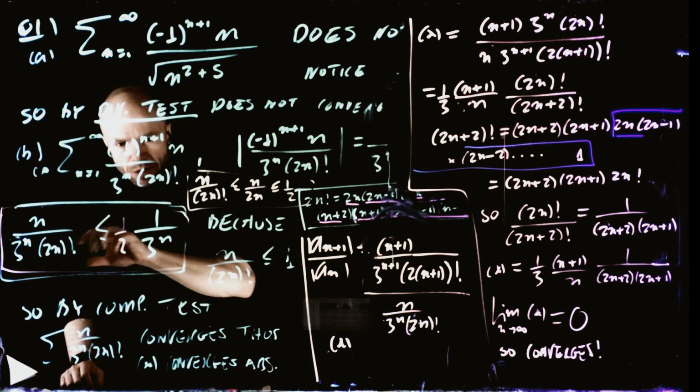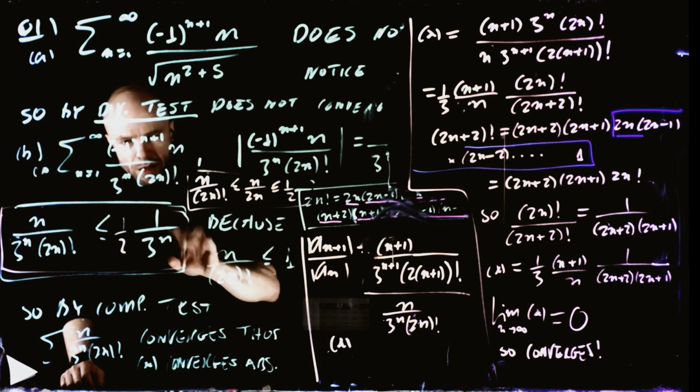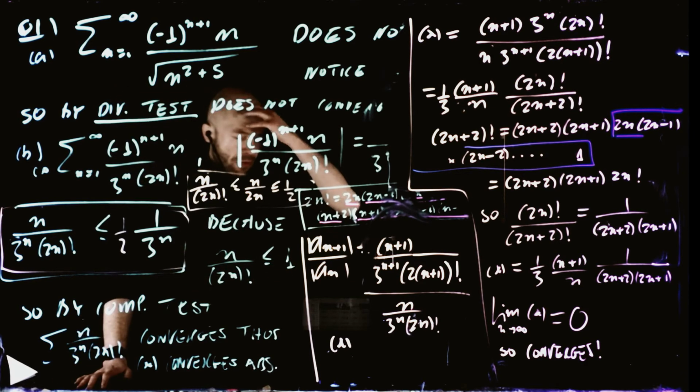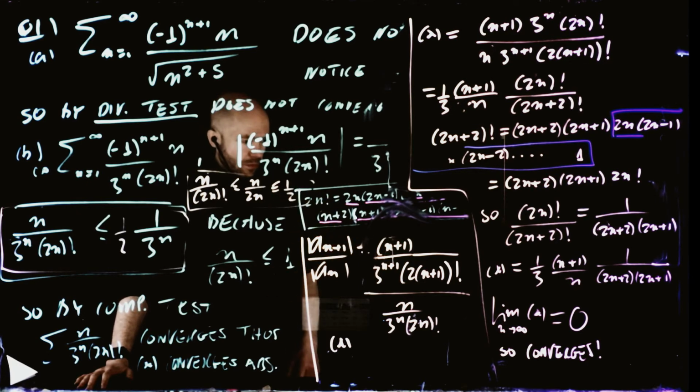What's the simplest thing we can do? Just compare it to 1 over 3 to the n. And that's it. So we first tried the limit comparison test, and we couldn't do it. That was too strong a tool. We couldn't find a nice guy to marry it to. We tried something simpler, the comparison test. That worked. And then the standard thing to do when you see a factorial is to apply the ratio test.